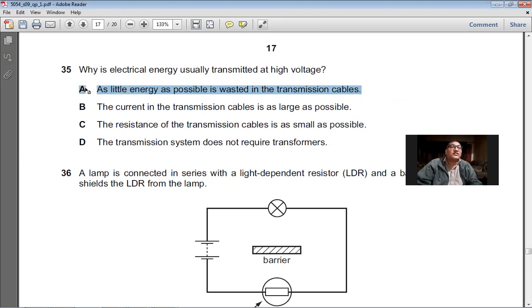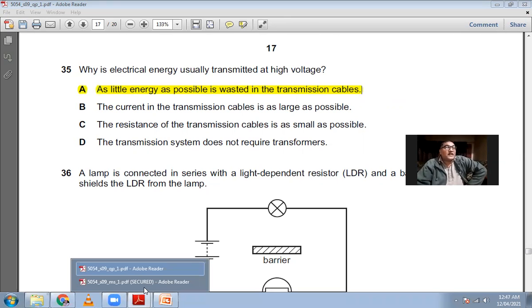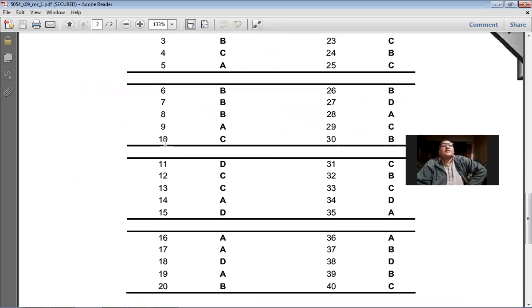That is why we step up the voltage with the help of the transformer before sending the current in the transmission line, so that the energy loss is reduced. So let's check question number 35. I think A is the choice. Question number 35, A is the right choice, sir.